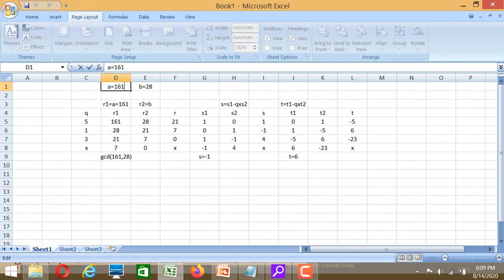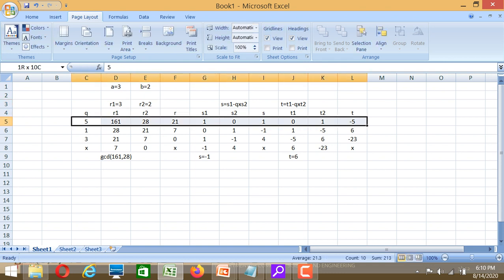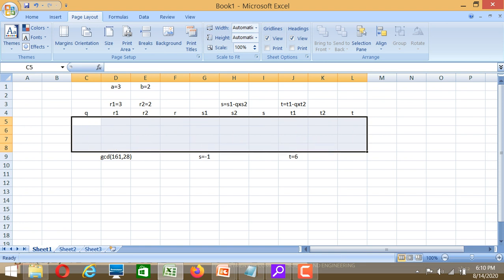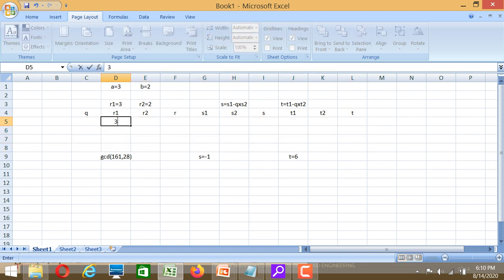The A value is 3, the B value is 2. So R1 is equal to 3, R2 is equal to 2.